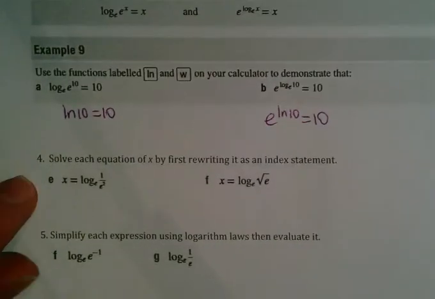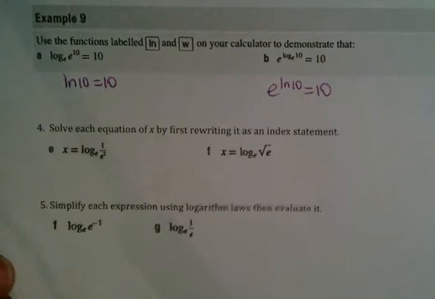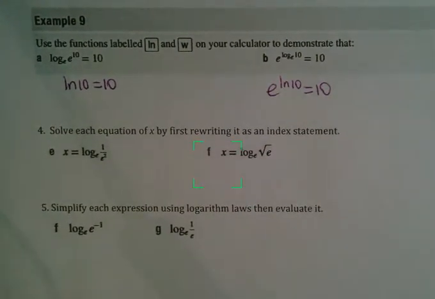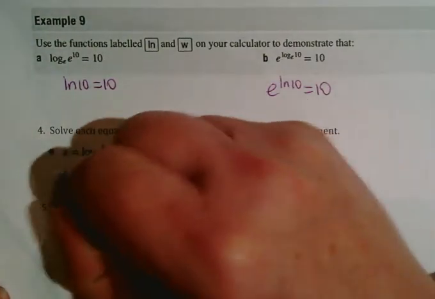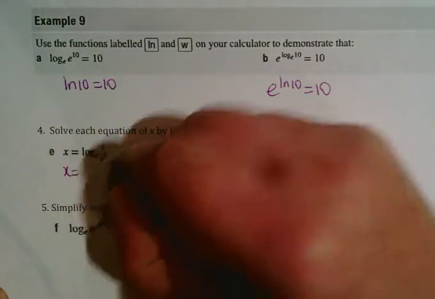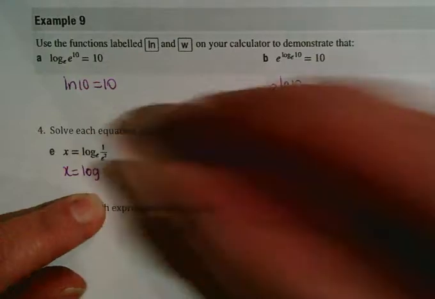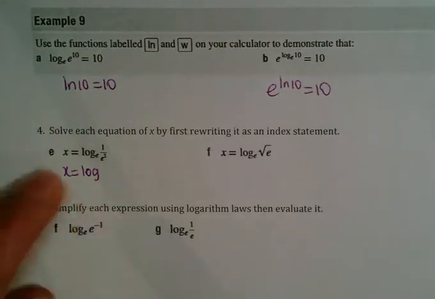Now question 4 here says to solve each equation for x by first rewriting it as an index statement. Now we've got here that x equals log to the base e of 1 on e squared. There's a few ways we can do this.